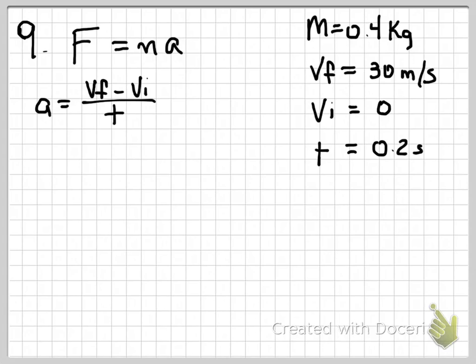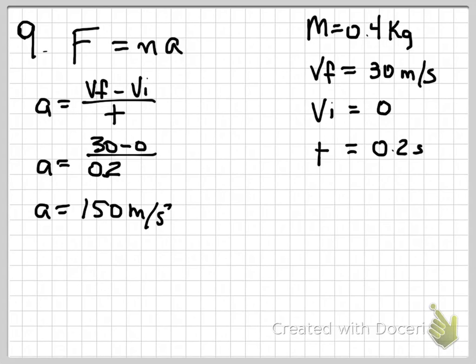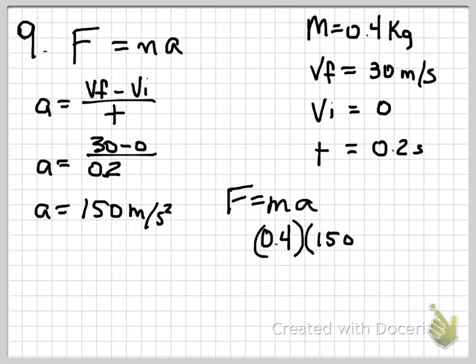So that means we can use our acceleration formula. Plug in our numbers there, which gives us 150 meters per second squared. Then you can simply multiply the mass times the acceleration to find the amount of force that's necessary. That comes out at 60 newtons.